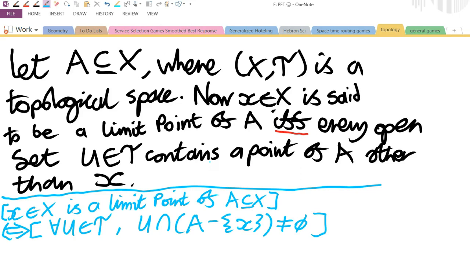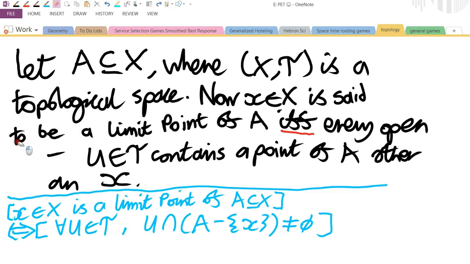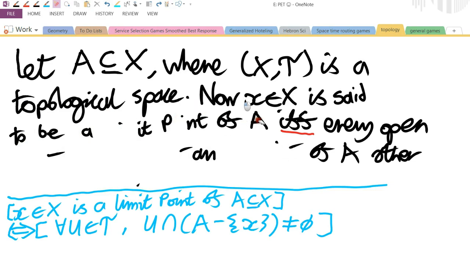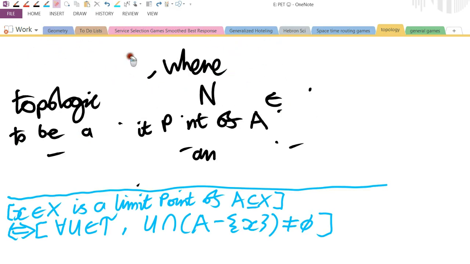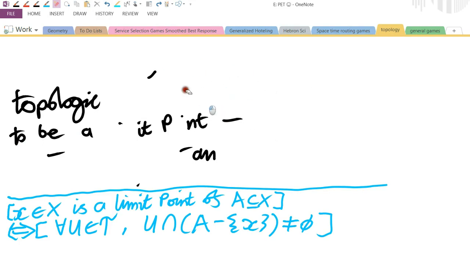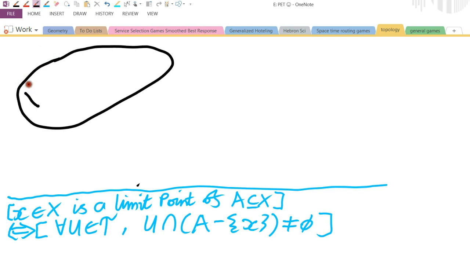Okay, so let's look at the scenario diagrammatically as well, just to hammer it home. Suppose this is our space X. This is our topological space.